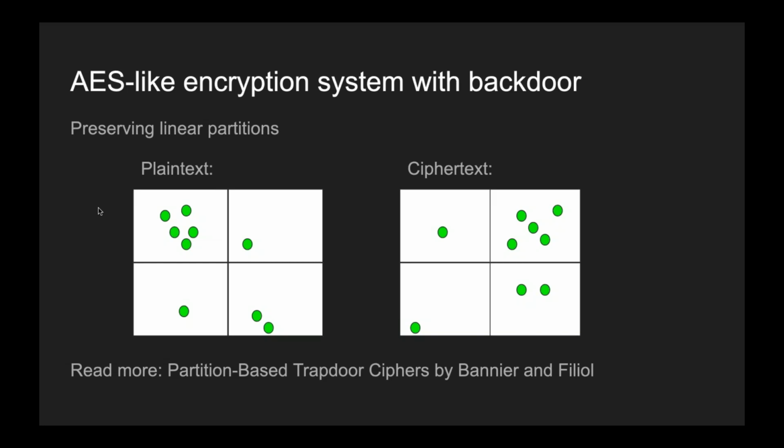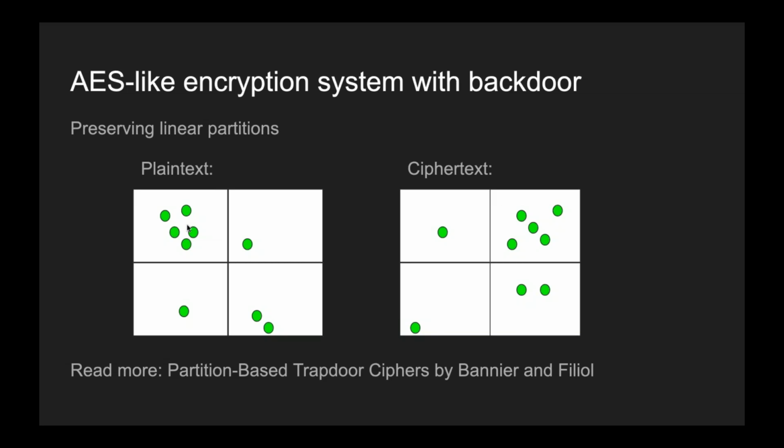So the idea here is called preserving linear partitions. Preserving, just keeping together. Partitions just means splitting it up. So in this example I have for you, I've simplified this a lot, but imagine moving from these plain text dots, and each one of these dots is sent to some sort of dot over on the right in the ciphertext.